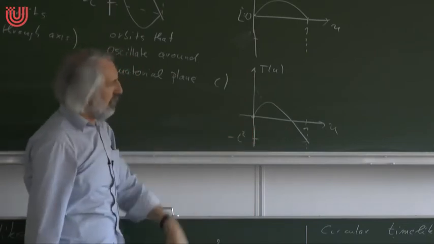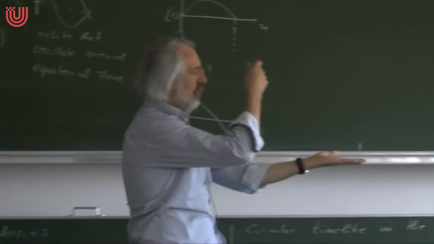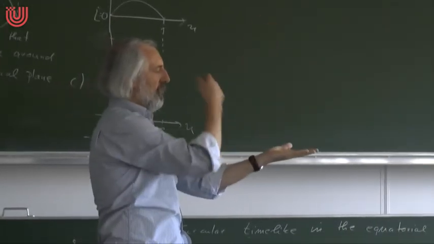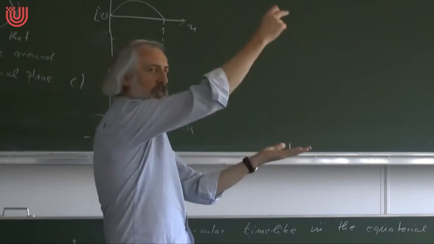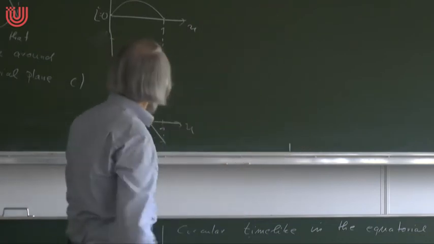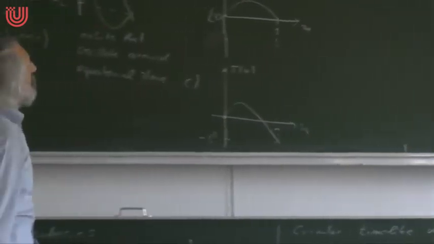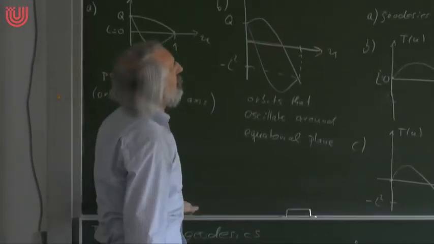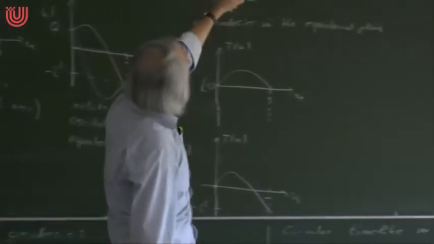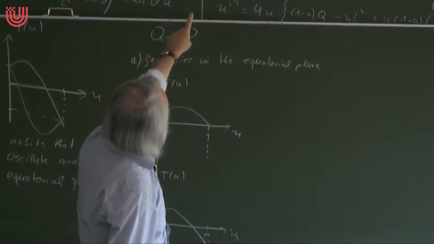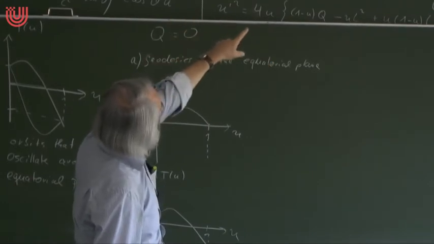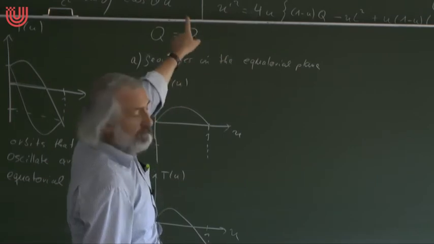Actually, we cannot, for instance, touch the equatorial plane. That's impossible. That it has a minimum, touches the equatorial plane, and then goes up again. From this diagram, you cannot read this. But if you calculate the second derivative, theta double prime from the first line, you see that at the equatorial plane, cosine theta equals 0, it's identically 0.